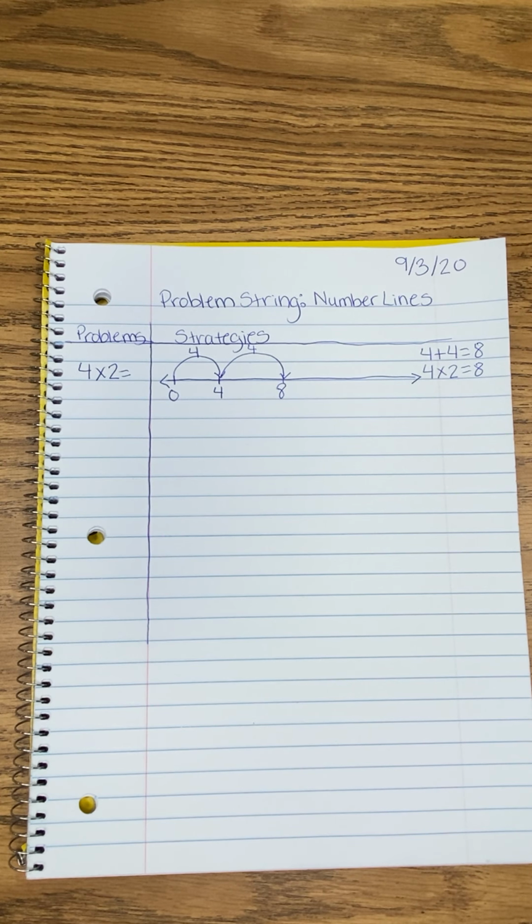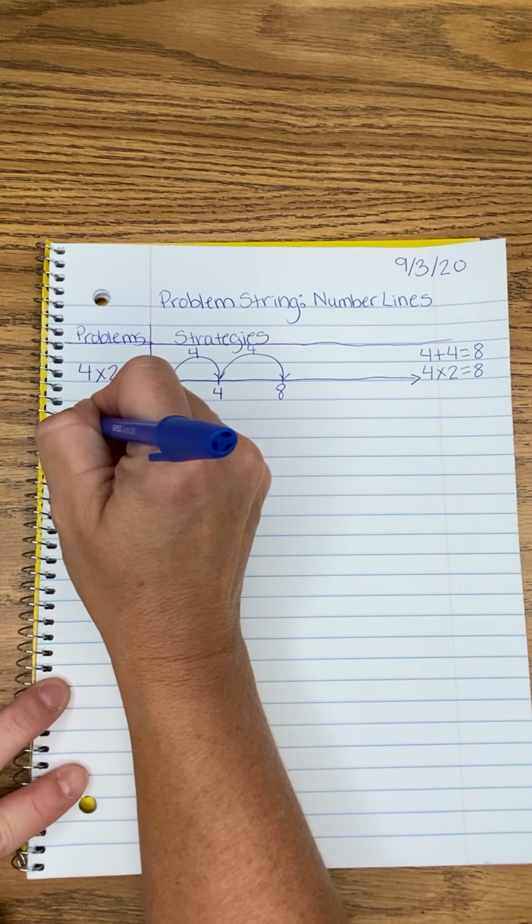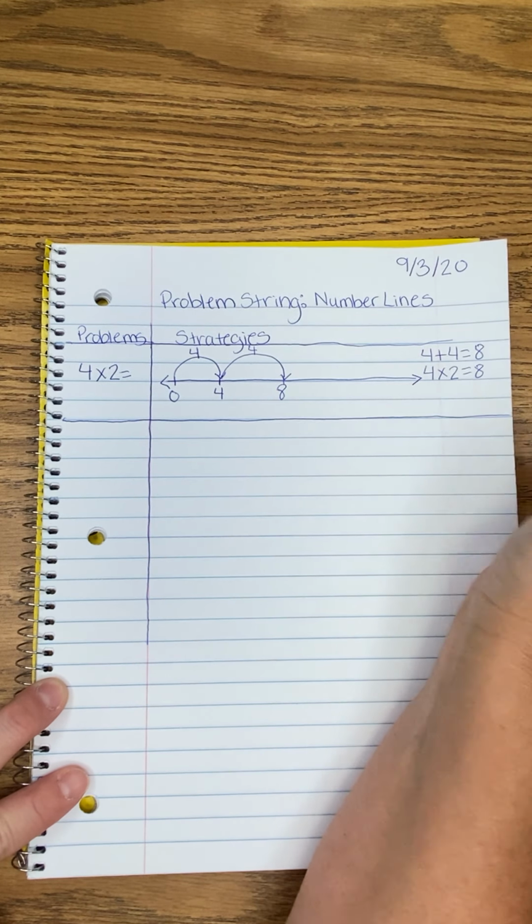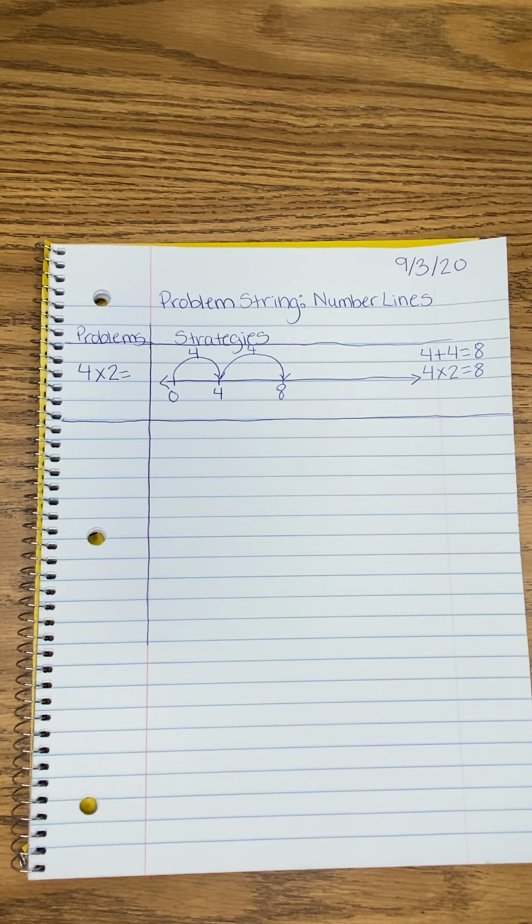So now what we're going to do in a problem string, we are going to add on to that, and we're going to make it a little bit harder, but we're going to see how can we use the problem that we just did to help us solve the next problem. So I'm going to keep myself organized. I am going to draw a line underneath that before I write my next problem.